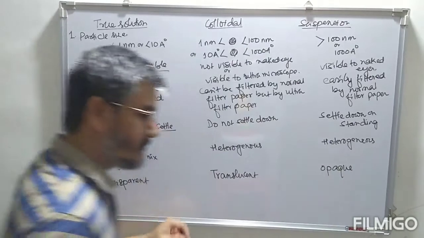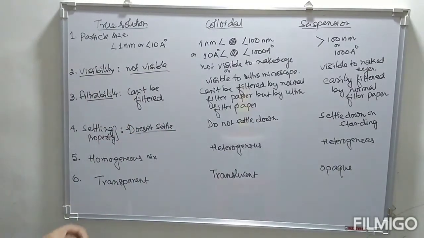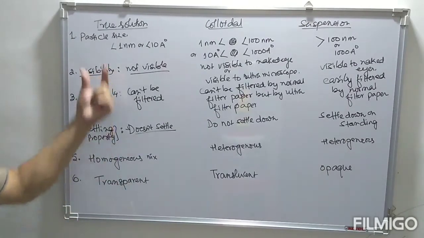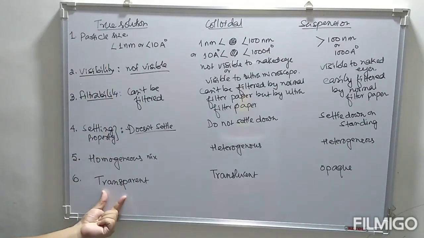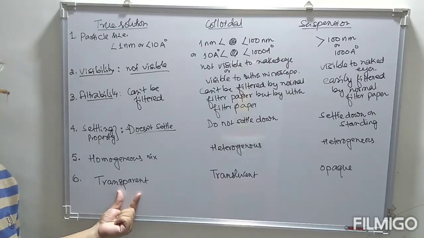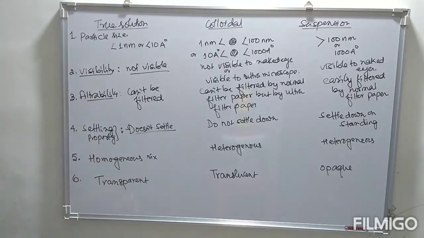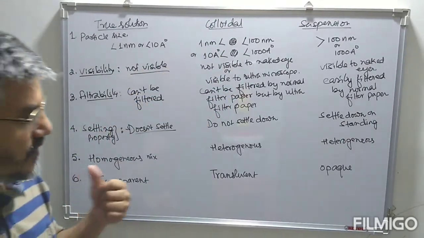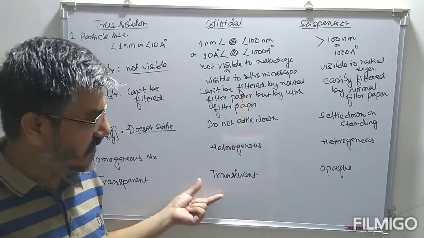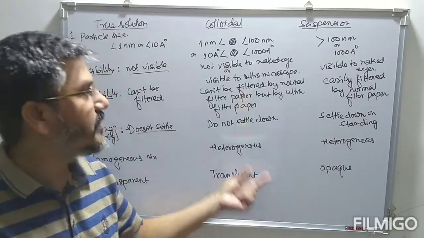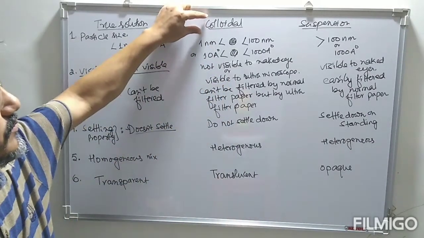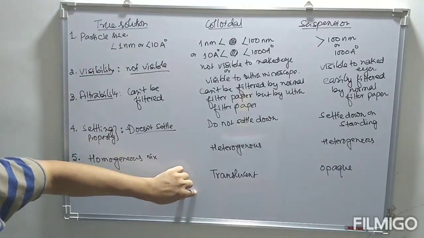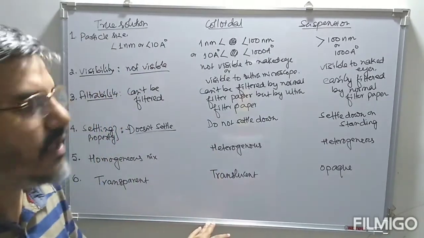That means if you pass a beam of light through the true solution, the path of light cannot be observed, meaning we get a clear solution. Whereas in case of colloidal solution, if you pass a beam of light, the direction of movement of light will be observed due to scattering of light by the particles of colloidal solution.